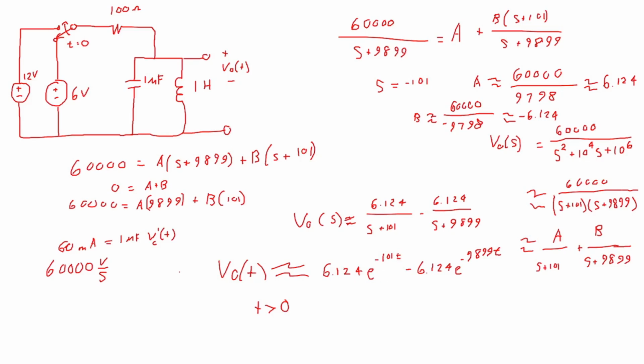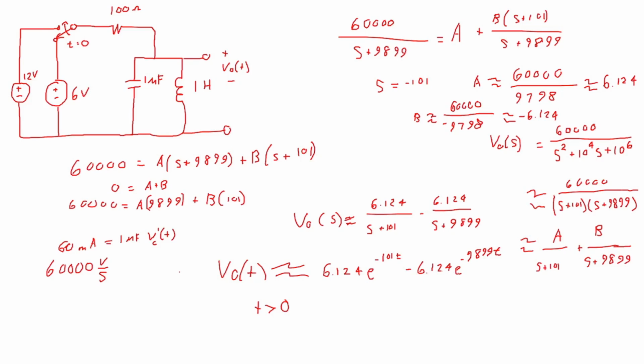It takes a very long time for this term to decay. Whereas this term, the e to the minus 9899t, is a much quicker decay. For any given value of t, this e to the minus something is going to be far smaller than this one. At exactly t equals 0, these two are equal and they equal 0. The minus 6.124 term is very quickly decaying.